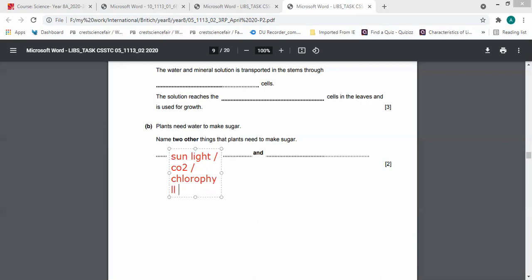The plant also needs some enzymes, but you don't need to know about this. Okay, just these three: sunlight, carbon dioxide, and chlorophyll. But for you to know, plants need some enzymes to perform this process. Okay, you got it? Yes. Next question.